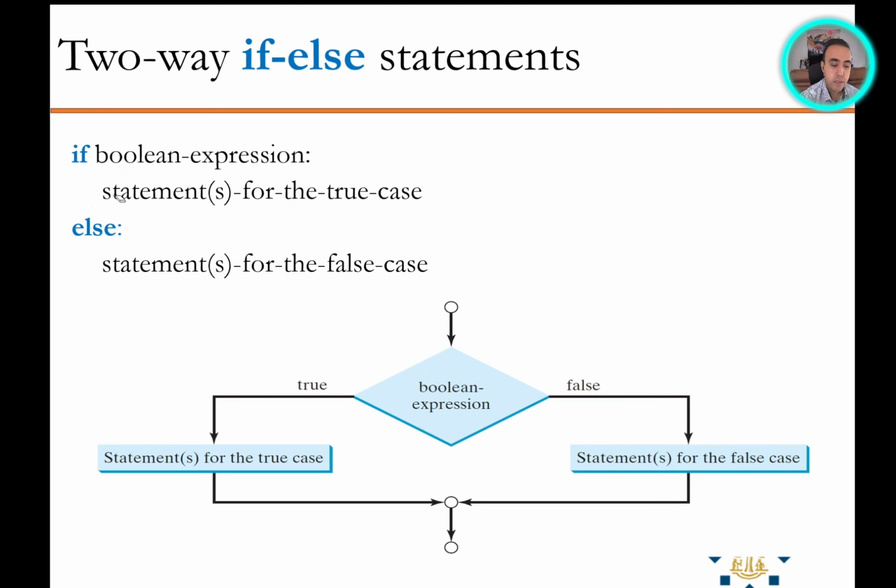So the statements for the true case need to be one tab inside of this line. But the else statement should be aligned with the if, so that we know that this else belongs to this if. They are connected. This is the statement for the false case. Previously, when it was false, we did nothing.